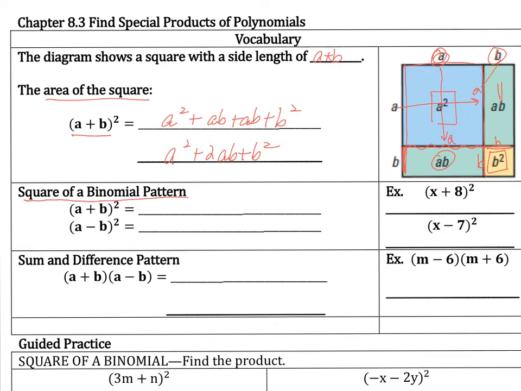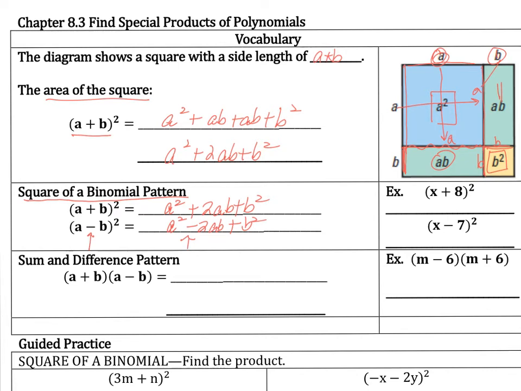Whenever you get a binomial that's squared, you can immediately expand it as a squared plus 2ab plus b squared. And for this case, when you have a subtraction sign in between, it will be a squared minus 2ab plus b squared. And as to why this is subtraction, I will leave it for you to think about.